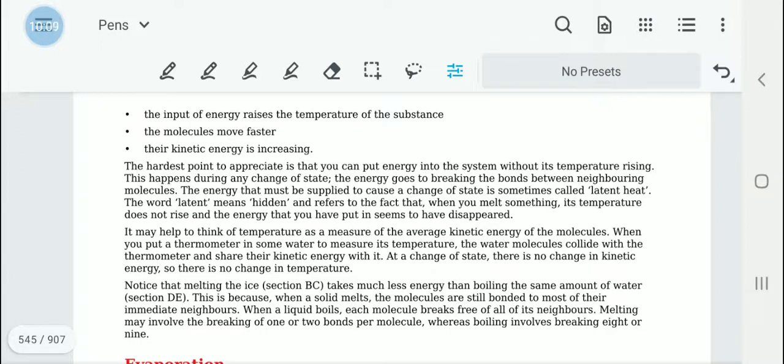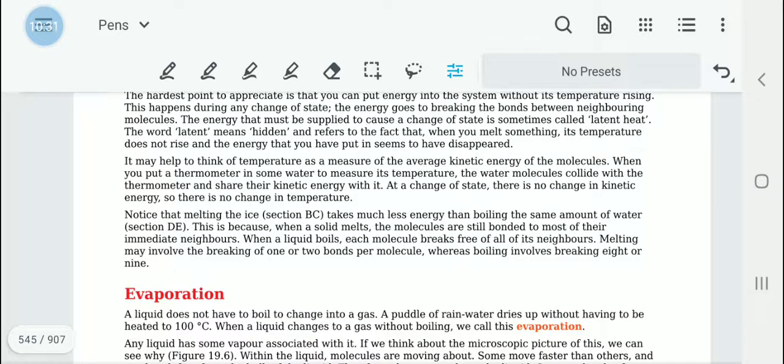When there is a change of state, no kinetic energy changes, because the energy is used to break the bonds between them. As a result, there is no change in temperature.